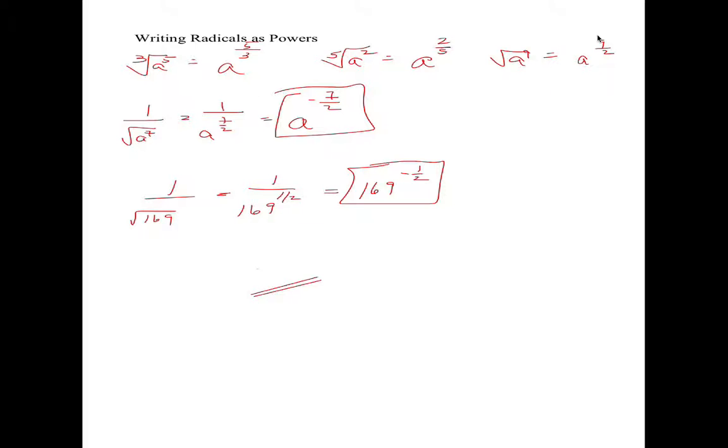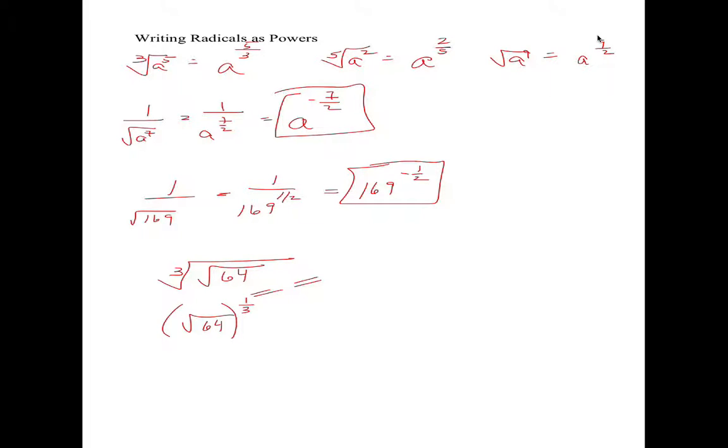Let's say we had the cube root of the square root of 64. Well, let's first take it and write the square root of 64 raised to the 1/3 power. Now if I'm looking at it, we can go ahead and evaluate this. Let's change this to a fraction.